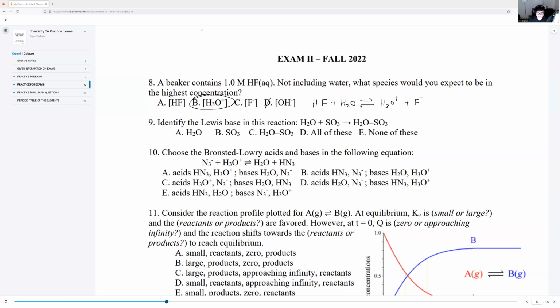Well, it's going to be HF because it's a weak acid, which means it dissociates very little. Usually. This is usually true.